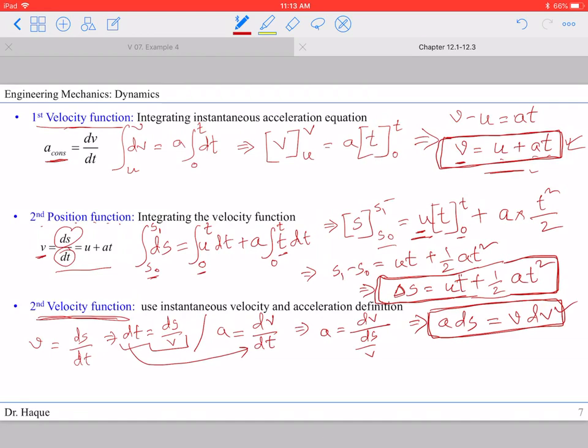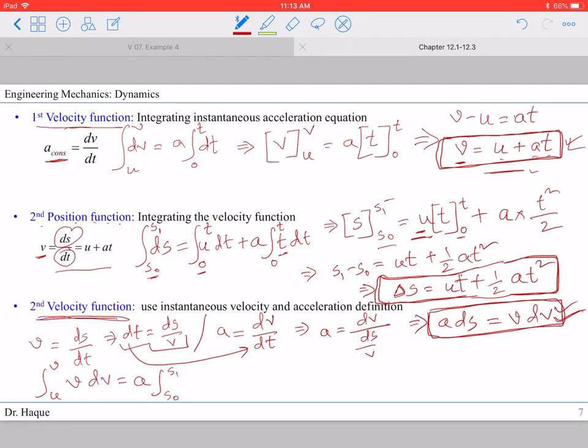So if we integrate this formula, we can get final velocity, initial velocity, v dv, and a is constant, acceleration is constant, so that's left out.